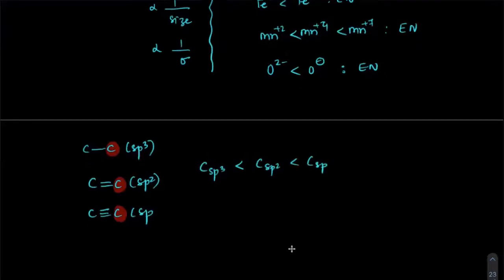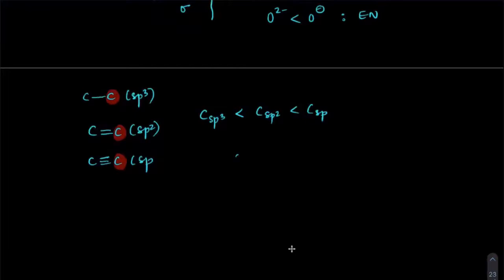So from here we can make one very important rule: if the percentage s character increases, electronegativity of that particular element will always increase. I hope this point is clear.